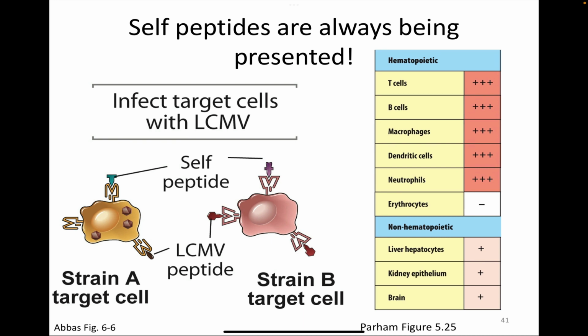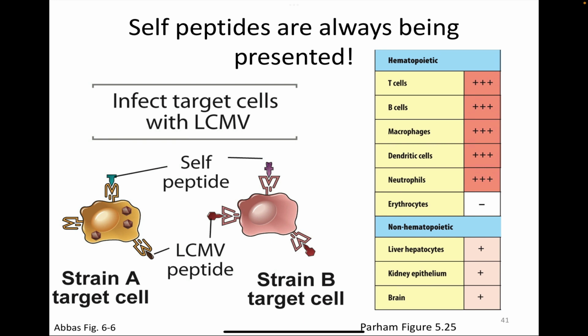And so this presentation of self peptides is happening all the time. And it is actually a key way that the cells are kind of indicating good homeostasis to the immune system, to say, no, I'm doing okay. Nothing has messed up my class 1 presentation. And so this self presentation is something that you need to be aware of as happening all the time.